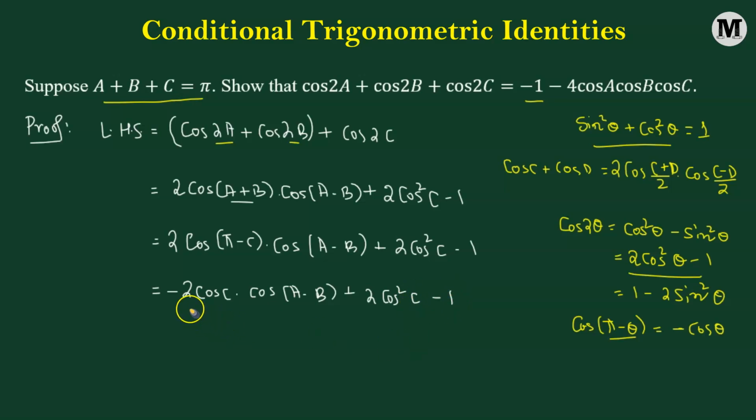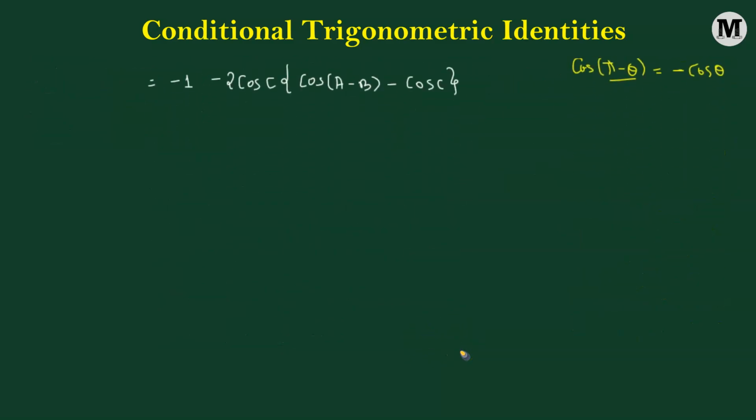Okay, now from the first and the second term, we can take 2 cosine C as the common factor. So let's write -1 as the first term, and from the first and the second term, we're going to take -2 times cosine of angle C as the common factor. That is going to get multiplied with cosine of (A minus B) minus cosine of the angle C. Our next task is to manipulate cosine of (A minus B) and cosine of C. So here we're going to rewrite cosine of C. We have -1 minus 2 times cosine of angle C, the whole multiplied to cosine of (A minus B).